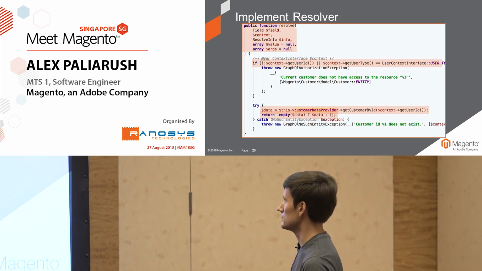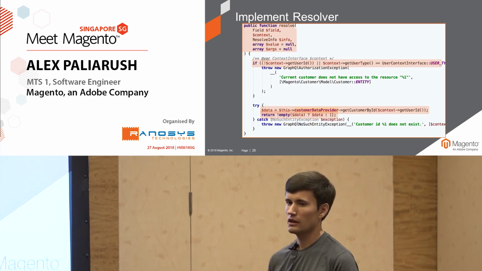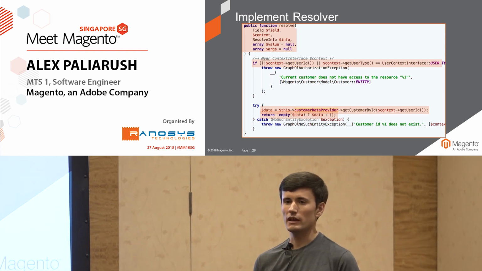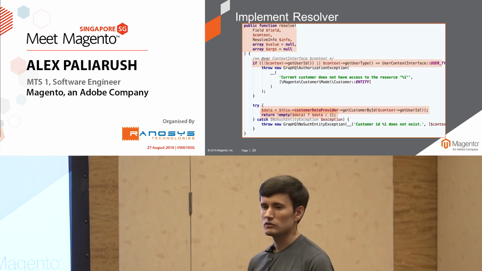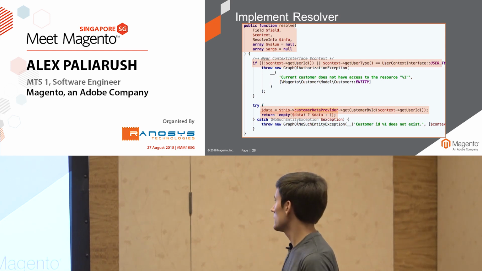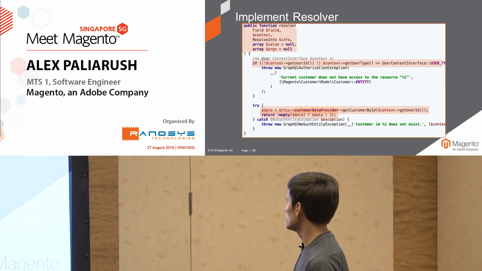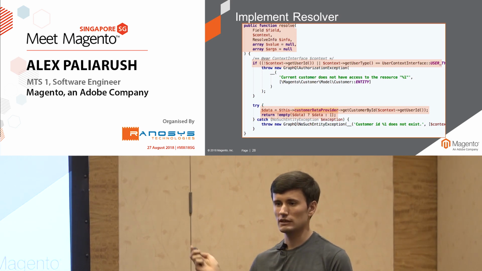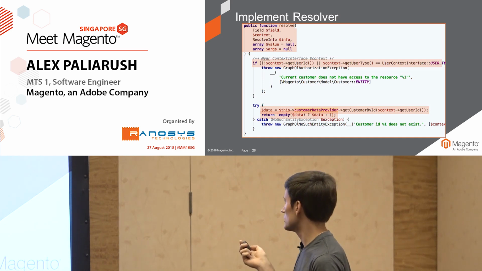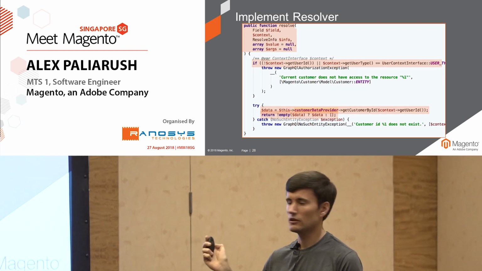I will not focus on this in detail, but basically you can receive any information you need to resolve a specific field via arguments of the resolver. And we have examples of user authentication, like customer authentication. And what you have to do in your resolver is basically to generate data which matches your schema. So in this case, it will just give you an associative array with user data, and you just return this array, and that's it.